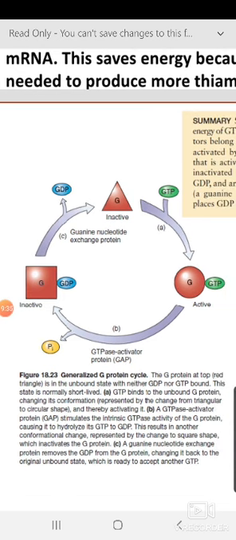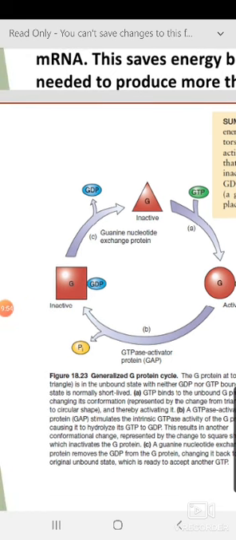If I start from the inactive G protein shown as a triangle, it gets GTP and becomes an active G protein with GTP. It has an intrinsic GTPase, stimulated by the GTPase activating protein, GAP. Once it does its function, it releases the phosphate and converts to a GDP-bound form, which is inactive, and the GDP-bound form will again become active by binding GTP with the help of a guanine nucleotide exchange protein. This is the classical mode of action of G proteins in inactive and active forms.